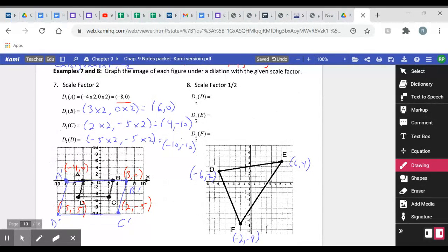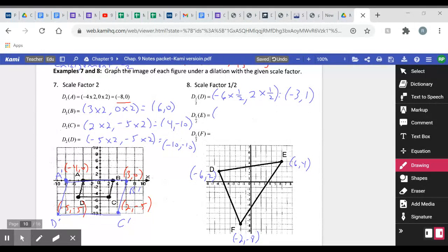Same idea here, except we're halving all the lengths, or multiplying by 0.5, or dividing by 2, however you want to think about it. If I start with D, I've got -6 times 1/2 and 2 times 1/2, and that gives me -3, 1.